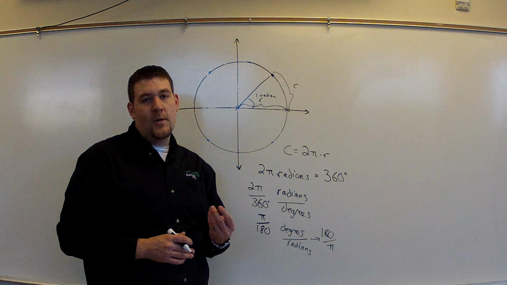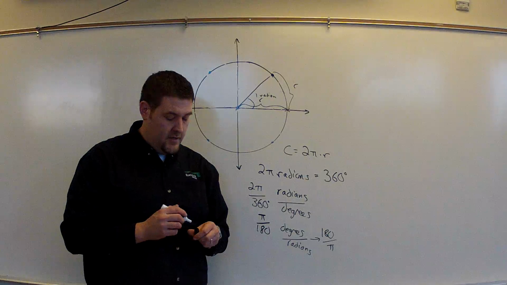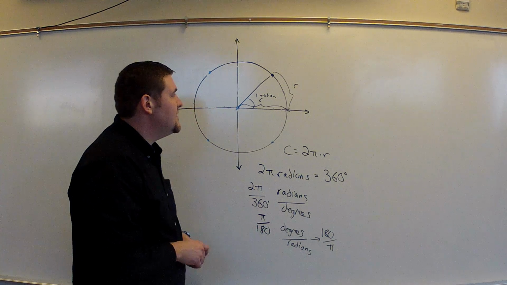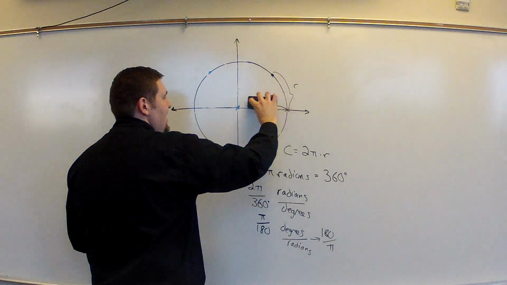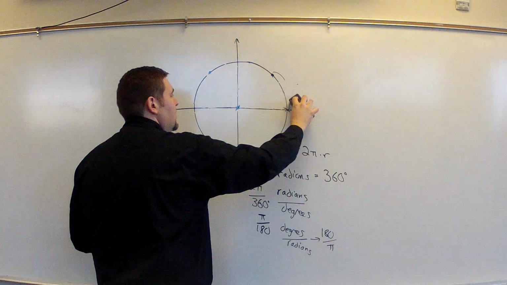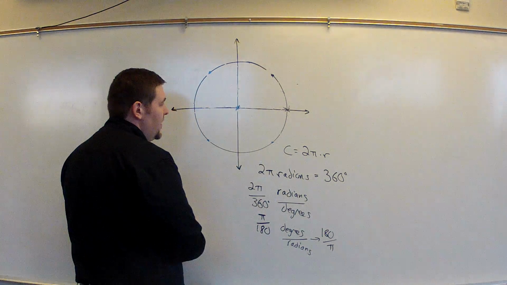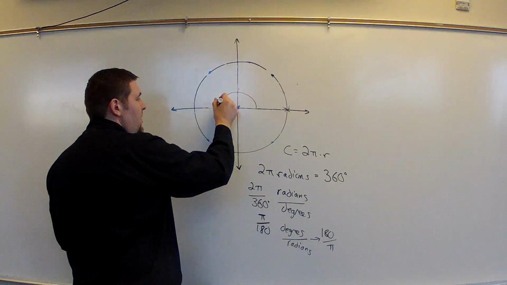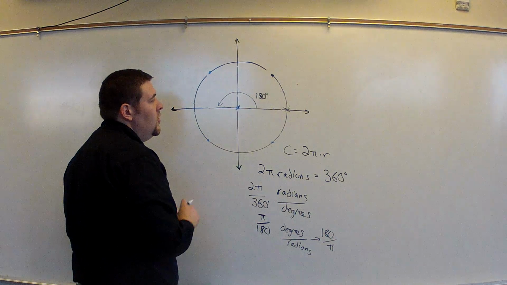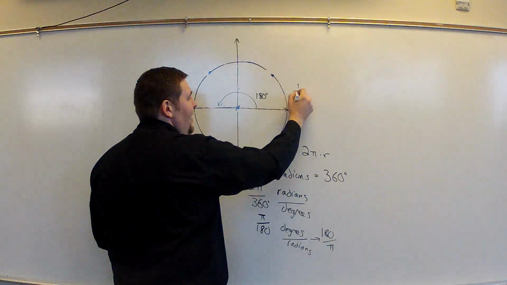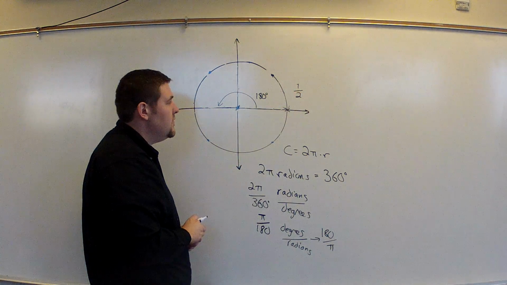But I also want to think in terms of the portion of the circle we're on. So before we get into just straight out conversions, let's go ahead and imagine what pi looks like on a circle. So I'm going to take this radian measure off, okay? And if I think about going around half of the circle, this will be a rotation of 180 degrees. We are also at half of a revolution, okay?